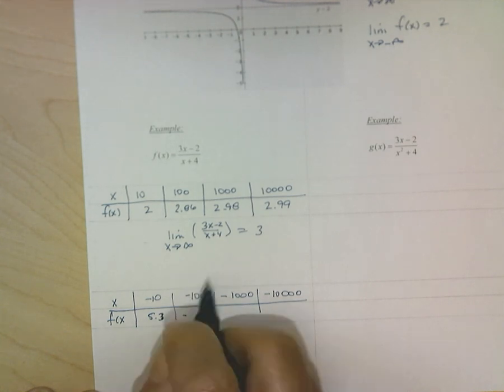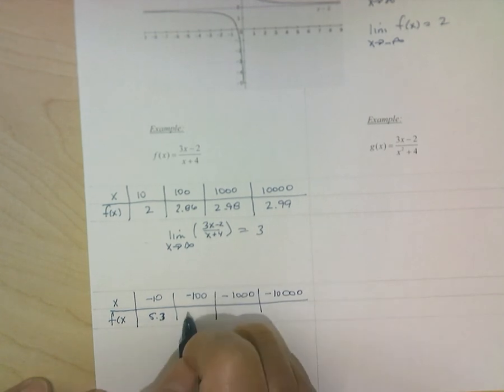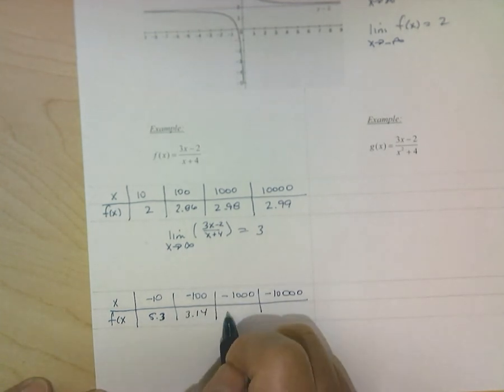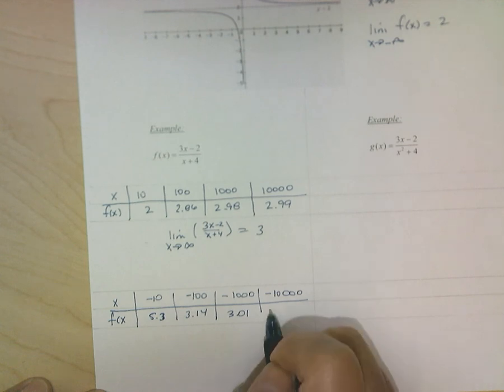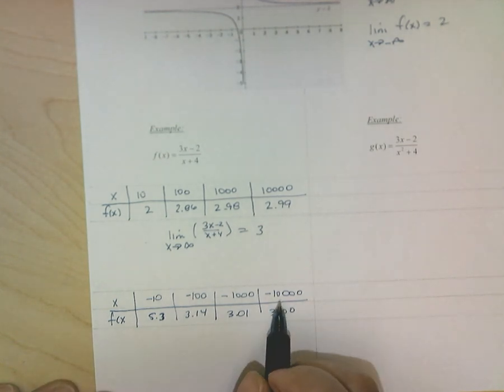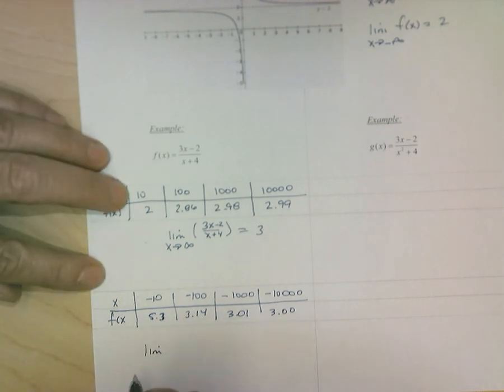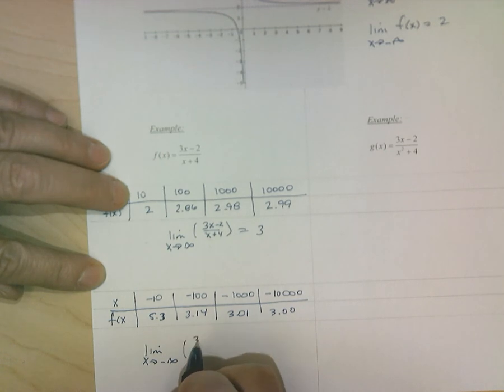Then I get positive 3.14, 3.01, and 3.00. So once again, as I get closer and closer to negative infinity, the larger and larger the x value gets, the closer and closer I get to 3. So the limit as x approaches negative infinity of 3x minus 2 over x plus 4 is going to equal 3.